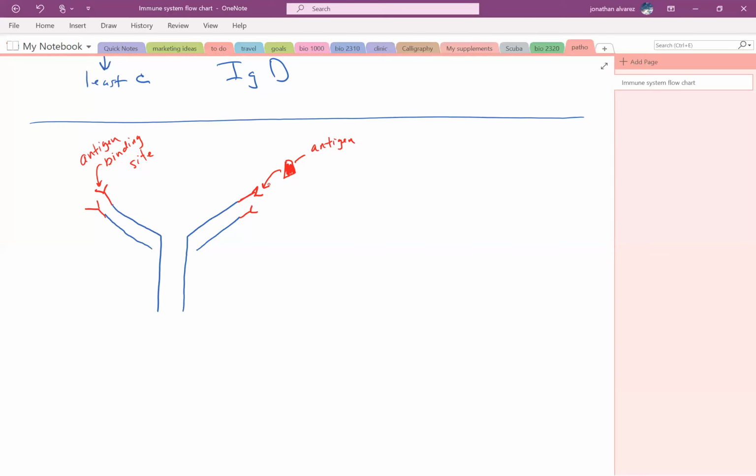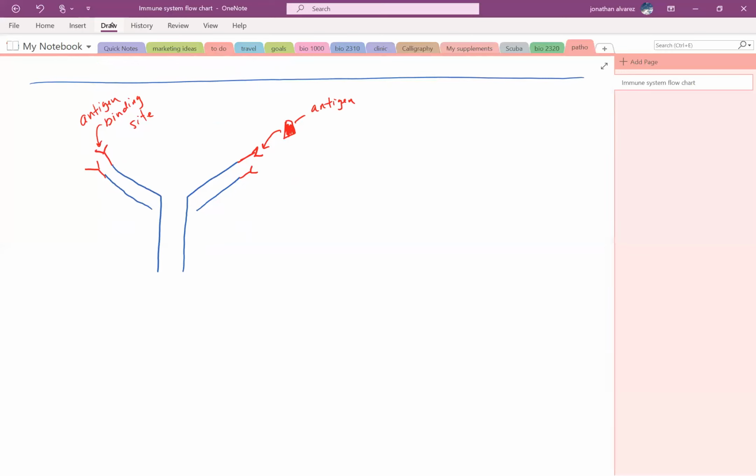Well, let me say that better. An epitope is the unique part of the antigen that the antibody recognizes.